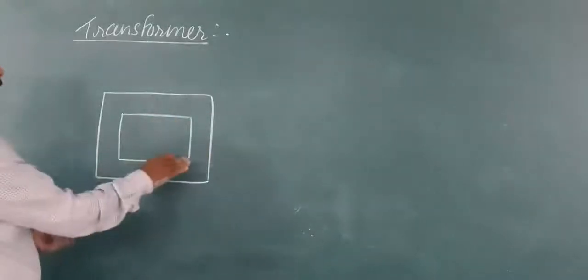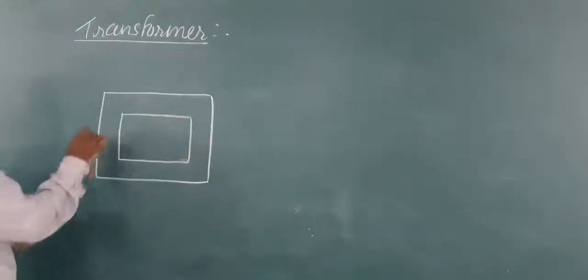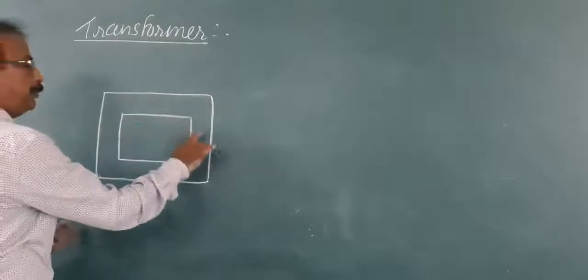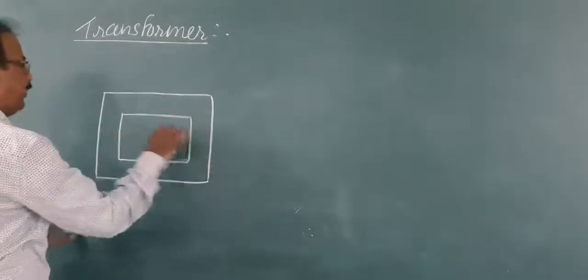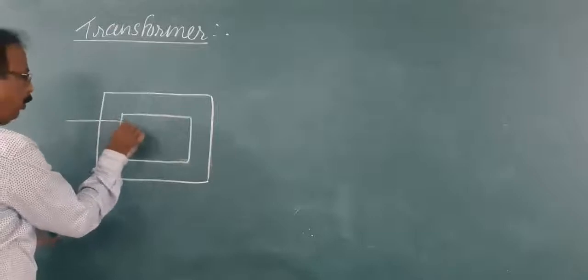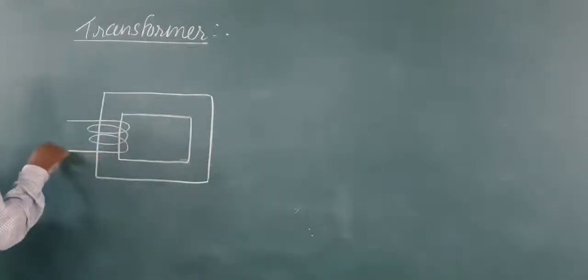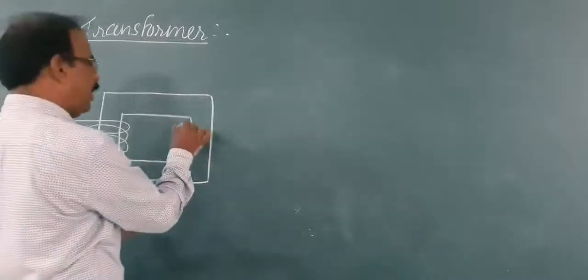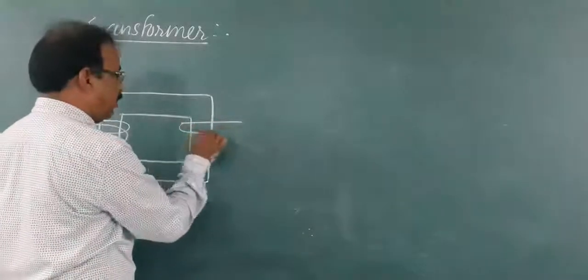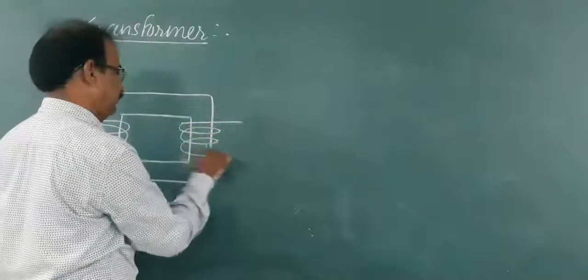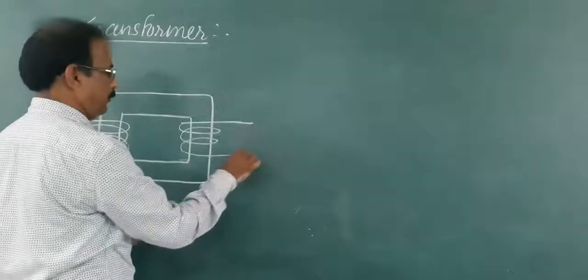This is the iron core. On two legs of this iron core, two coils made up of copper material are wound. This is one coil, and this is another coil.